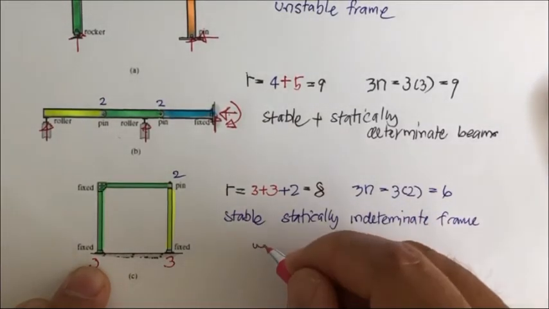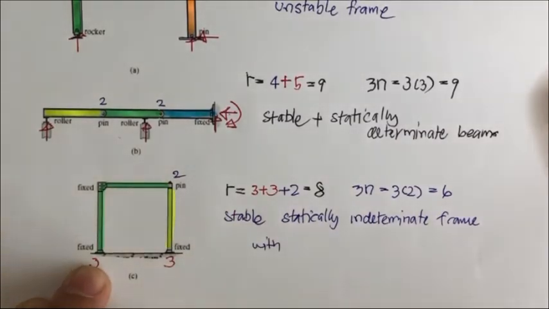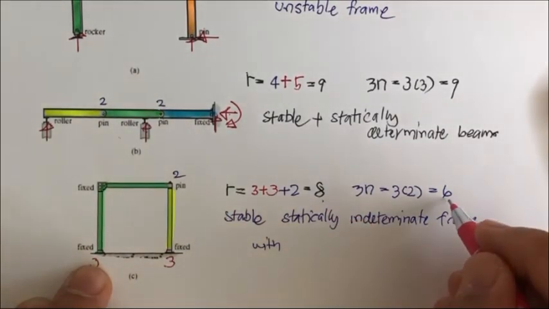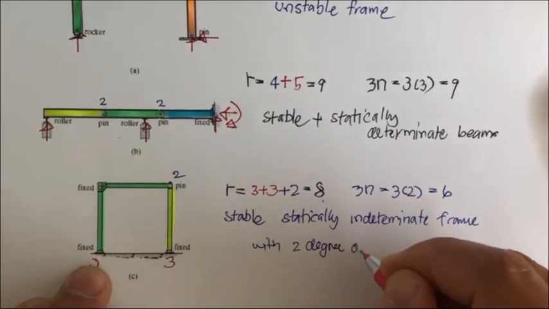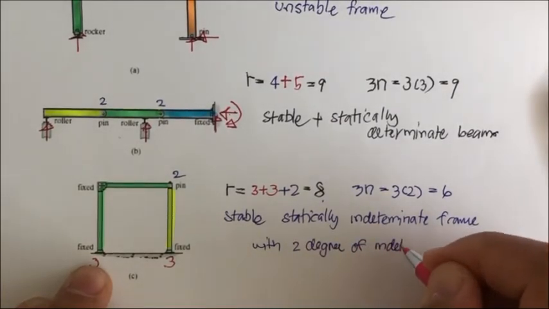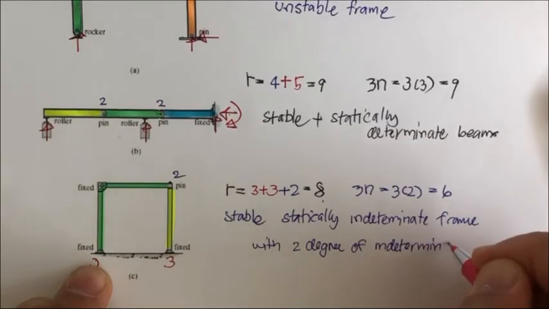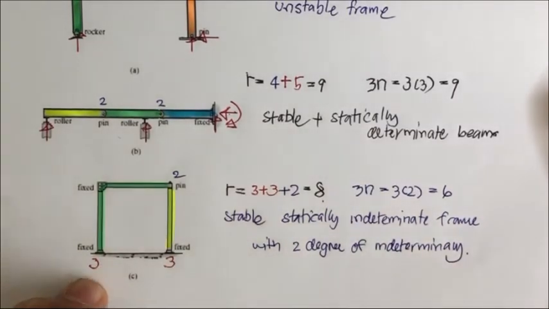With how many? With 8 minus 6, 2 degrees of indeterminacy. Okay, this is our example. How do we check the determinacy and stability of the beam and the frame?